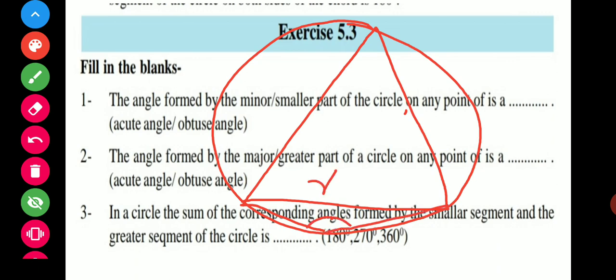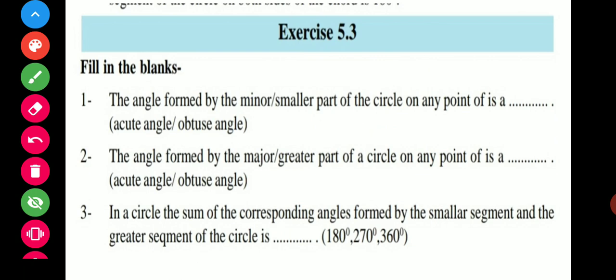Suppose this angle is x and upper angle is y. So always remember, the sum of both angle is always 180 degree for a circle. So your correct answer is 180 degree. So you can fill very easily in this fill in the blanks.